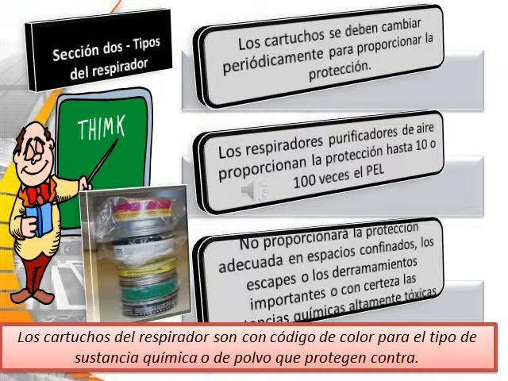Air purifying respirators provide protection up to 10 or 100 times the PEL. They will not provide adequate protection in confined spaces, major leaks or spills, or for certain highly toxic chemicals. Respirator cartridges are color-coded, as depicted in this picture, for the type of chemical or dust that they protect against.